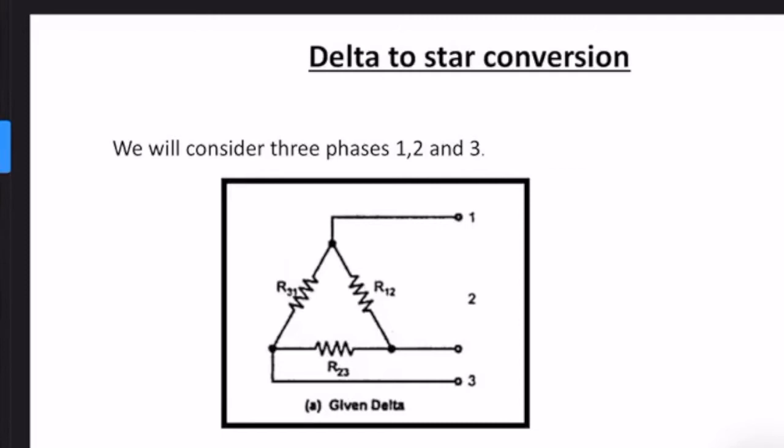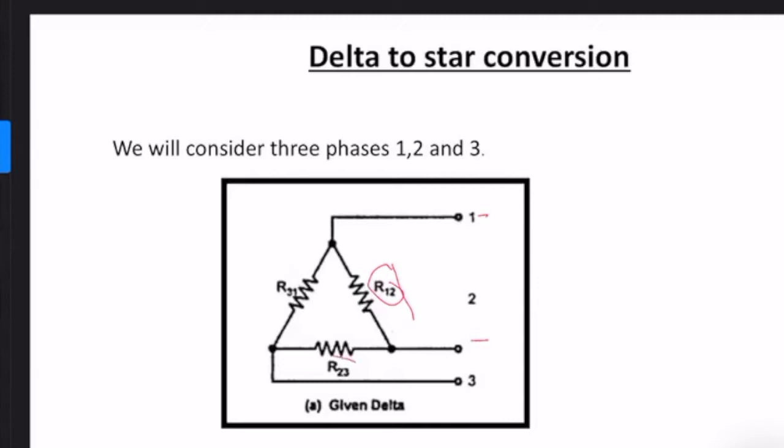First we are considering three phases, phase 1, phase 2, phase 3 over here, and just see the name of this resistance, it is R12. This is R12 because this resistor is connected between phase 1 and phase 2.